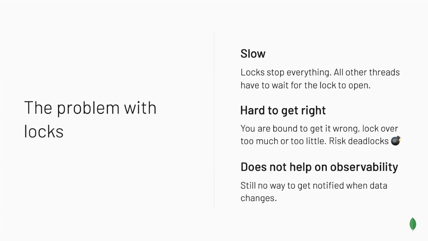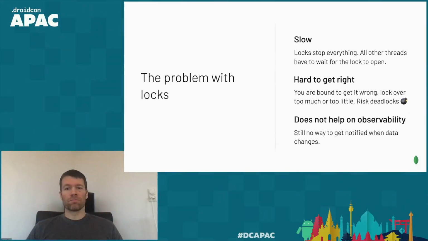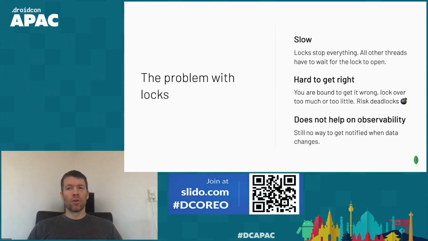And then, of course, it doesn't help you on observability. There's still no way to get notified when the data changes. So no help there. Everybody hit into this. You see this on every platform, and especially in the context of UI, where you have multiple threads that really have to communicate.